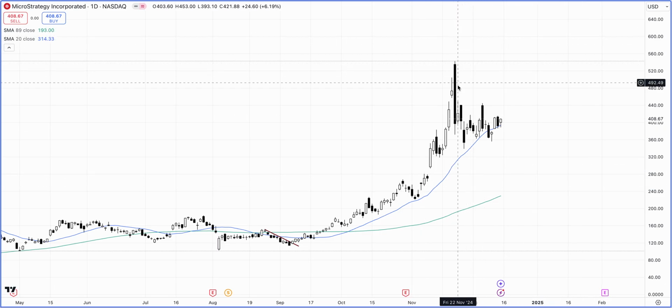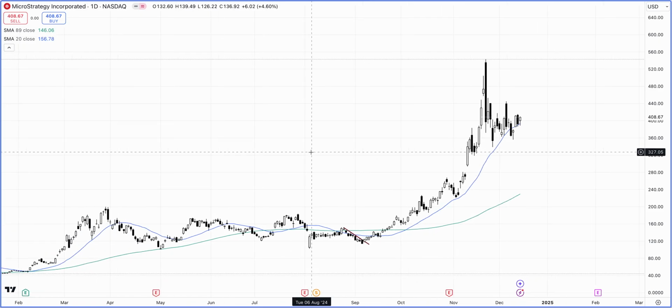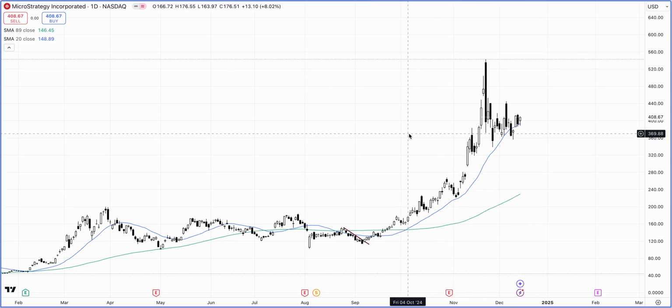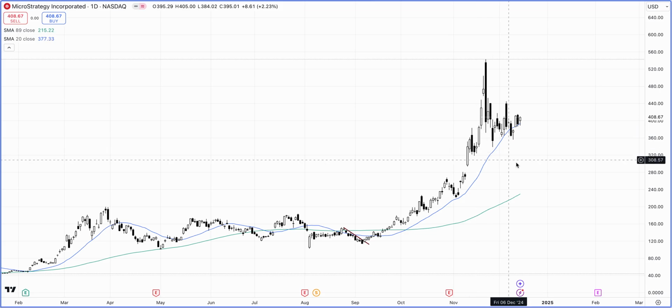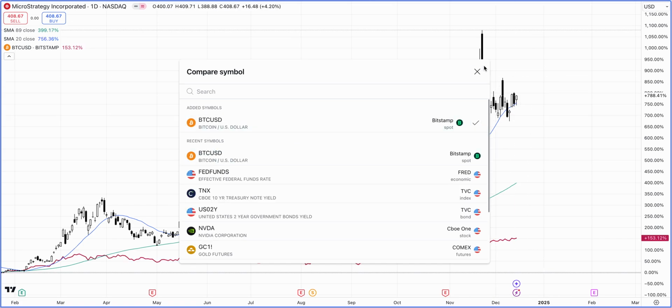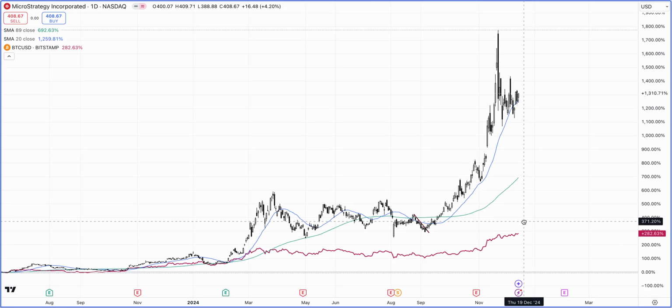And what we are looking at in MicroStrategy is, in my opinion, quite correlated with the Bitcoin price. So it might remain stuck in this range, maybe pull back a little bit further. Quite a lot of volatility coming into the stock right now. Let's just overlay the Bitcoin and see how the Bitcoin is doing, what sort of relation we have here.